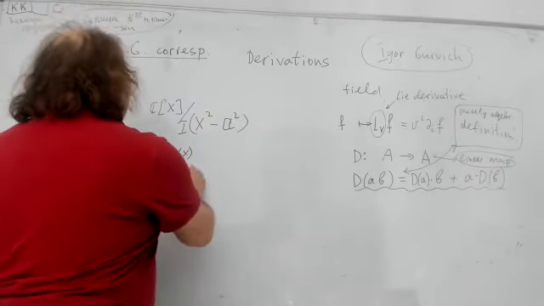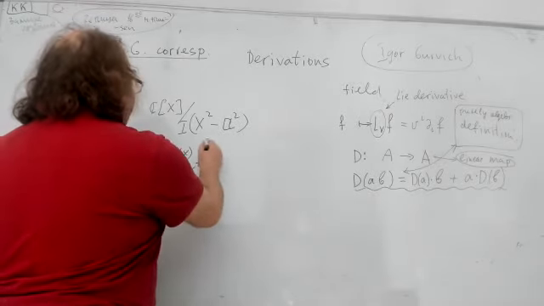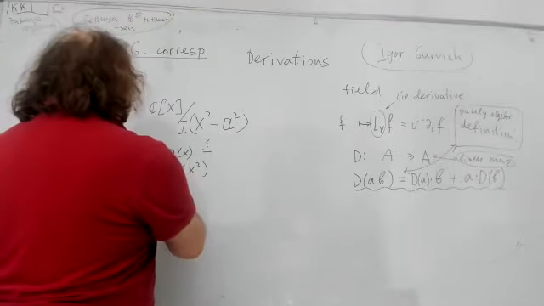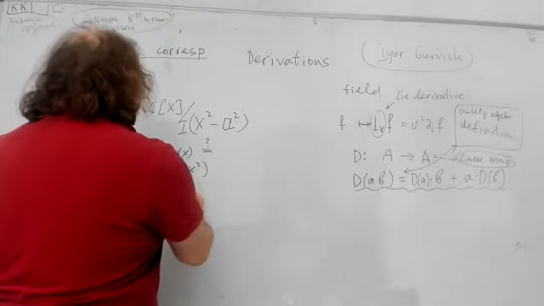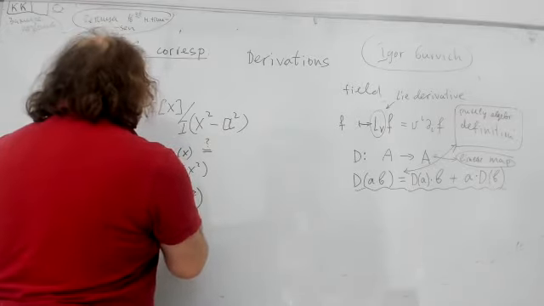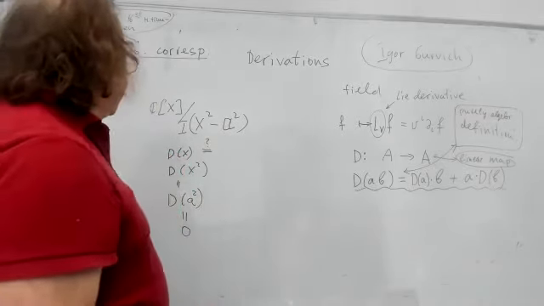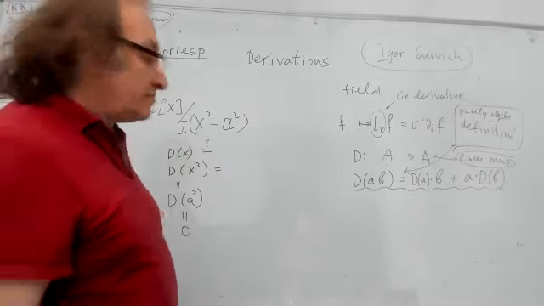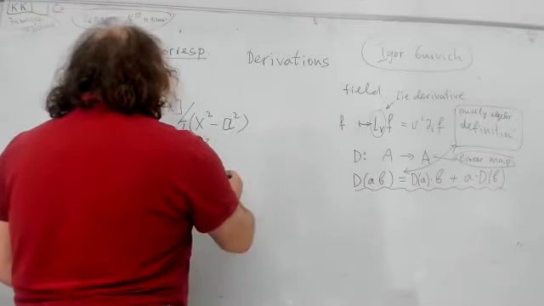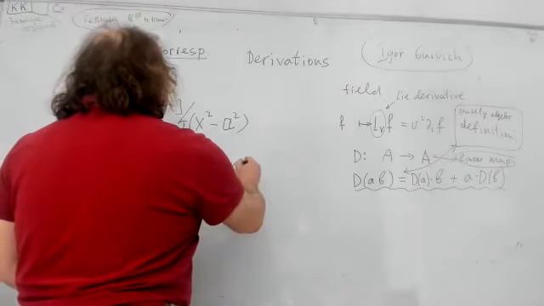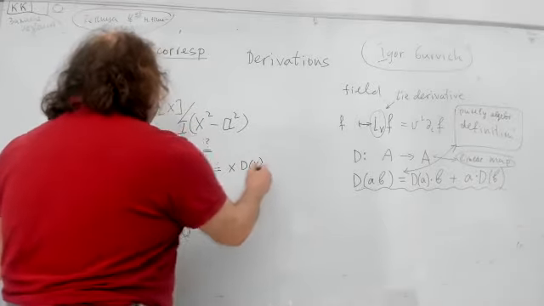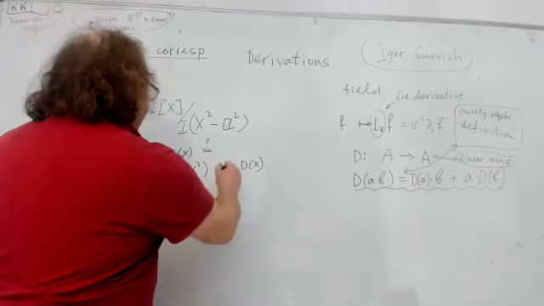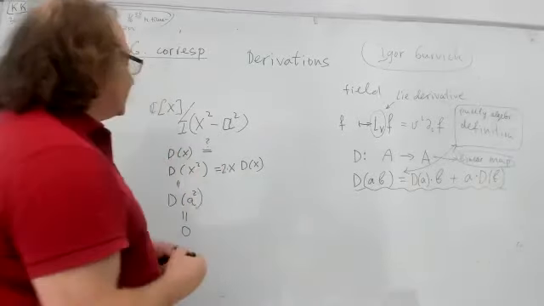Let us compute D of x squared. This should be D of a squared, which should be 0. At the same time, this seems to be x times D of x, right? 2 times x times D of x.